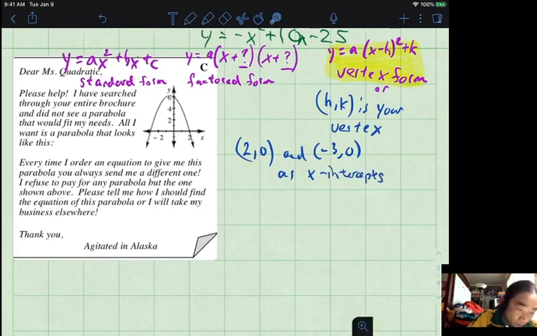Now we're going to go to factored form, because we know our x-intercepts. That's the form that allows us to most easily come up with an equation. Let's put those in. Y equals a times (x minus 2) and then (x plus 3).